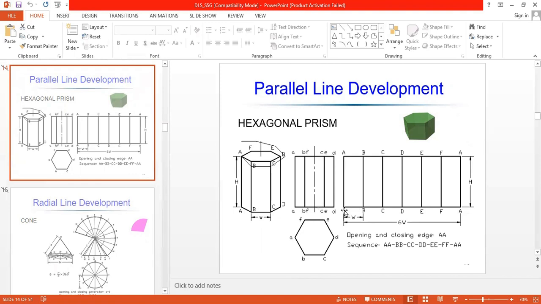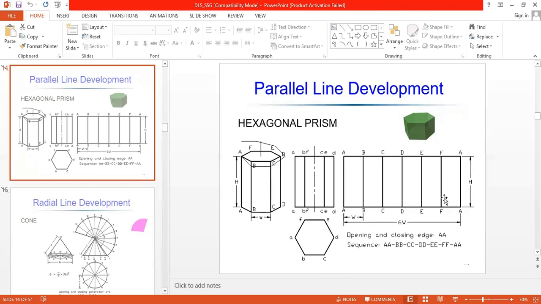Then for the development, draw one line, extend the base of the prism and take a distance equal to 6 times the base side of this hexagon. If the base side of the hexagon is 50 mm, then 50 into 6, that is 300 mm distance, is here. The development of the hexagonal prism, the 300 distance is here, the perimeter of this.